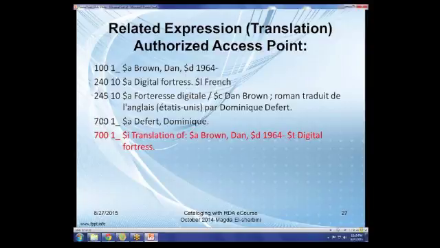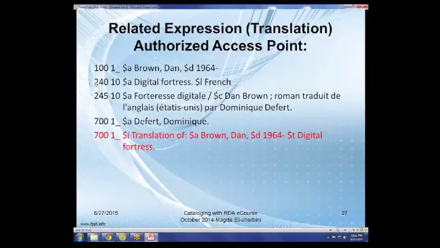And you'll see down here we have field 700 to record the name of the translator, and then an additional one, which again, you may see, but you're not required to add it in every circumstance. A field to record the relationship between the original work in English and the work in French translation.